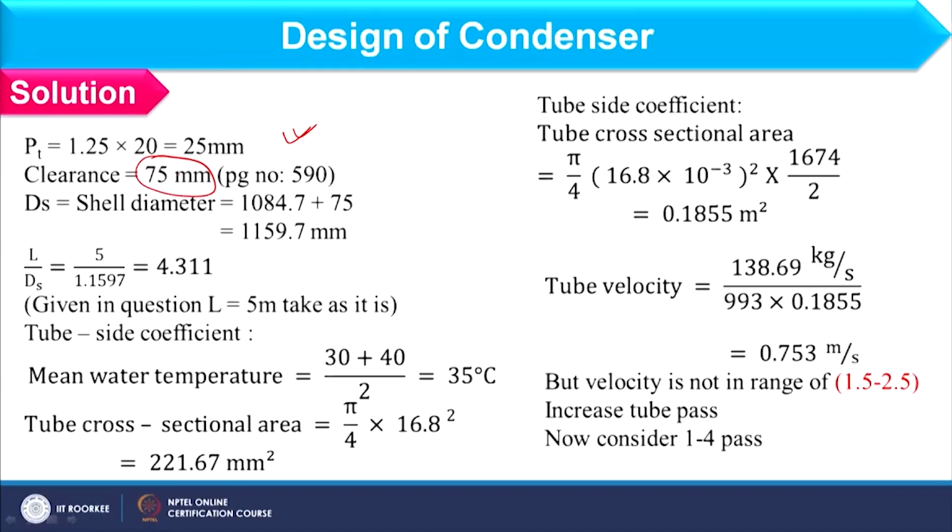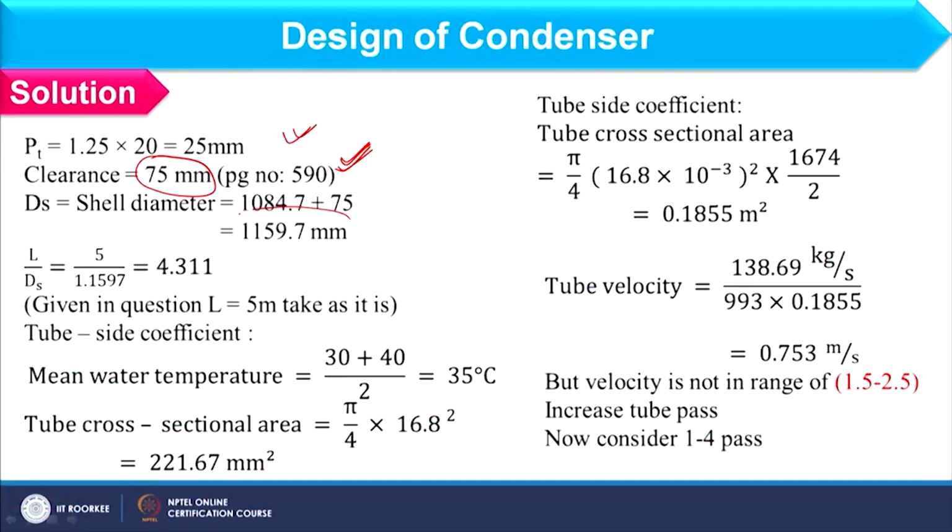It is already given in the problem. That curve of clearance you can find on page number 590 of Richardson-Coulson volume 6, from the 4th edition of that book. So, considering this clearance as well as the bundle diameter, you can find the shell diameter as 1159.7 mm.